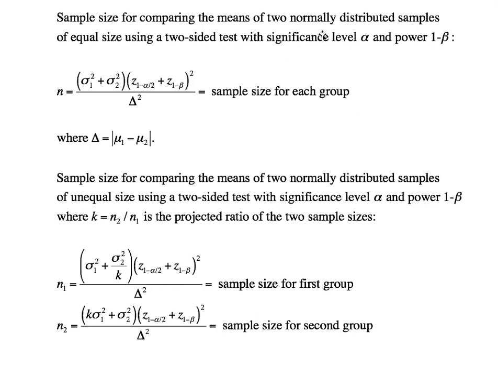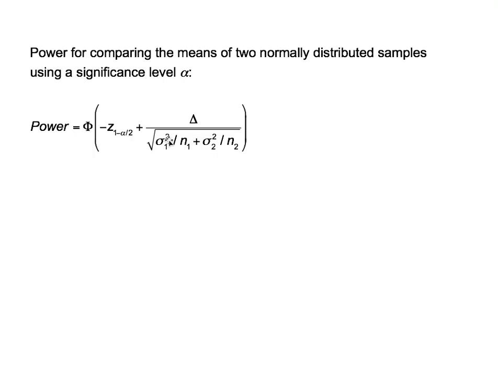Okay, so if we have two normally distributed samples now of equal size, and if we have a two-sided test with this significance level alpha, power 1 minus beta, this is how we determine the sample size in each group. Okay, and here delta is just the absolute value of the effect size. We're squaring it anyway, it doesn't matter if we have absolute value or not.